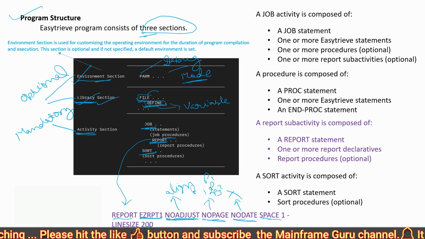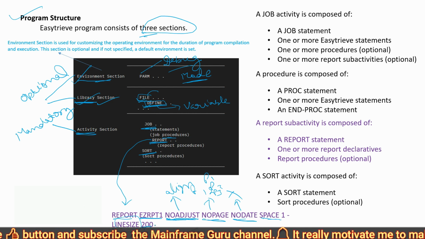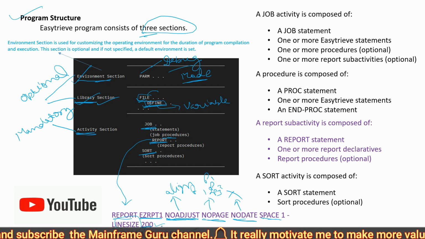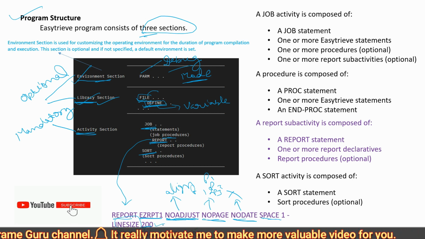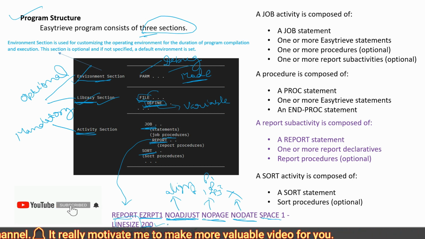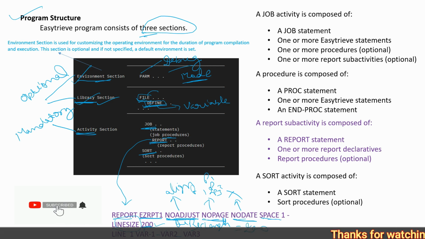And here we give LINESIZE 200, so it means our output report will have 200 bytes of data. I meant to say one record has 200 bytes only, or you can say the record length of your file will be 200.